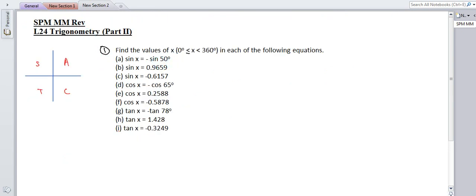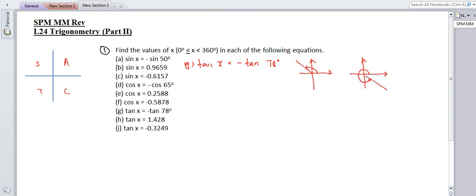Okay, now we go to tangent. Tangent x is equal to negative tangent 78. Okay, you have the reference angle here. So the tangent, if you want to get a negative, ASTC, we know that second quadrant or the fourth quadrant.